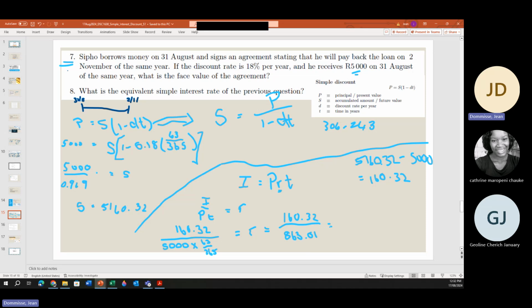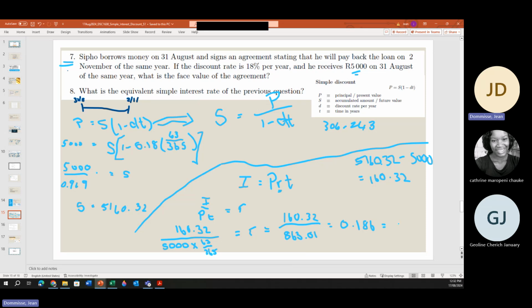So if I then say 160.32 divided by 863.01, I get 0.186, and then I need to put it in an interest rate, so I need to multiply it by 100.